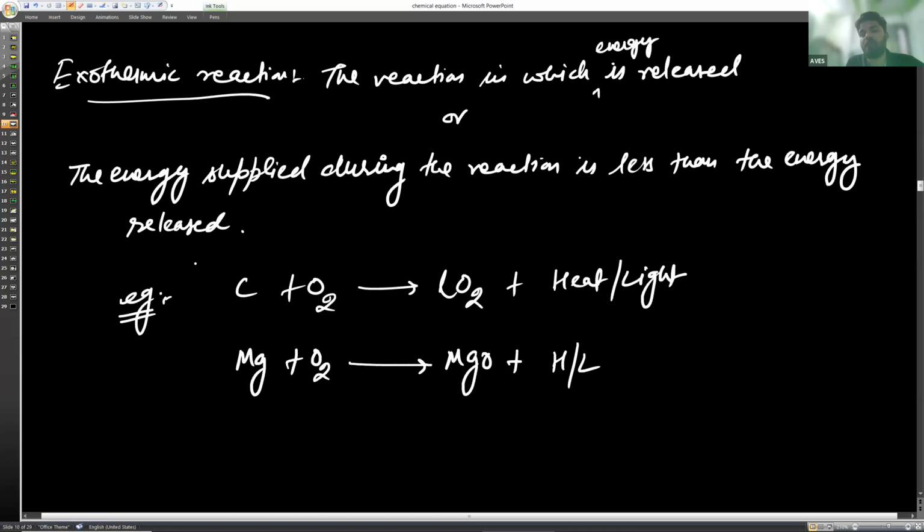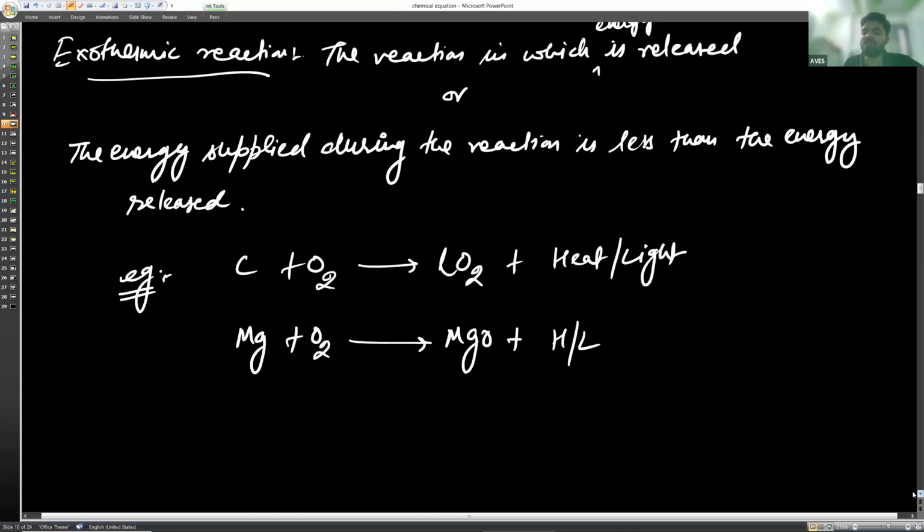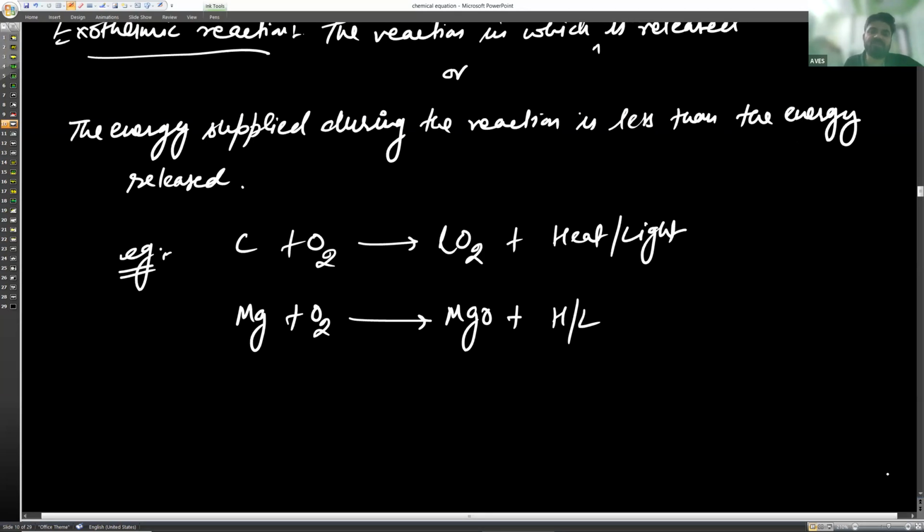You understood? Yes, sir. One thing you need to note down is that exothermic reactions are spontaneous reactions, meaning they require one-time initiation, and then they keep on going. For example, if you initiate burning coal, then after one-time initiation energy it will keep on burning without supplying energy.